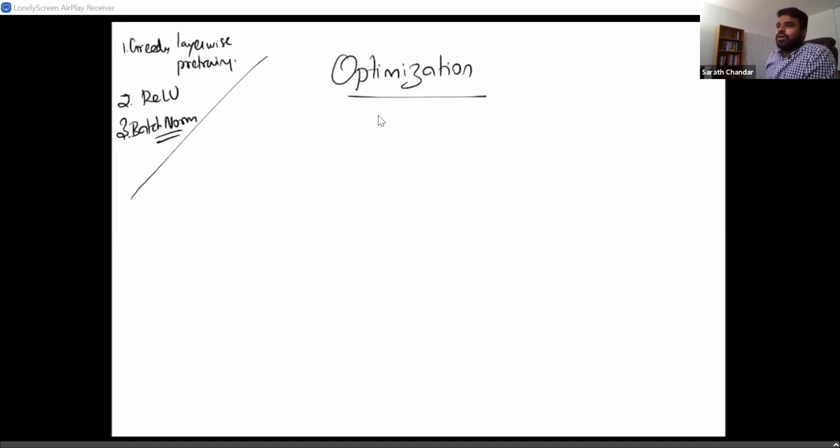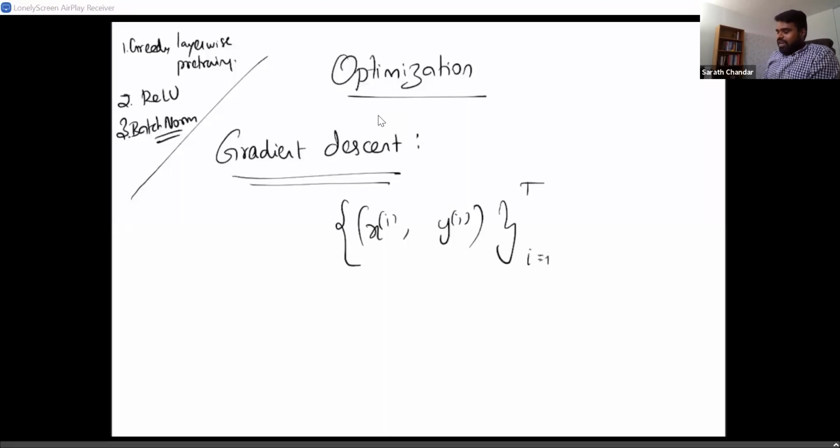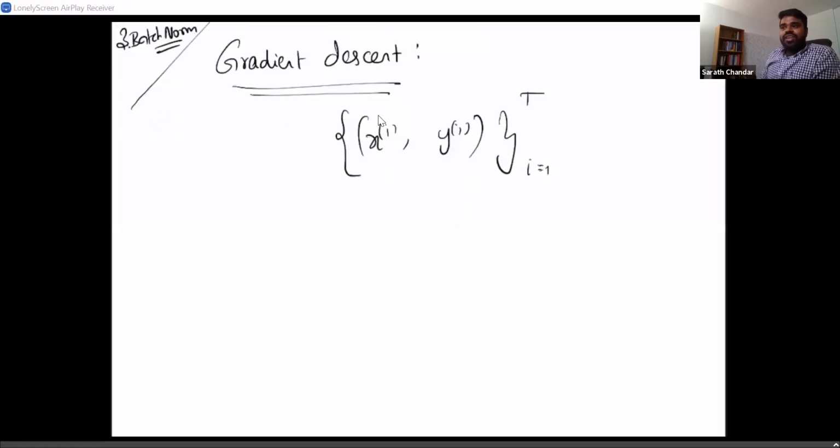Now throughout this course, the most central learning algorithm that we have been using is the idea of gradient descent, right? So given a data set, let's say a bunch of xi, yi for i equal to 1 to T, we have at least seen 3 different variants of gradient descent.